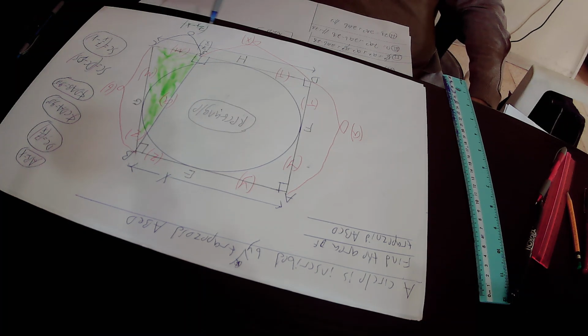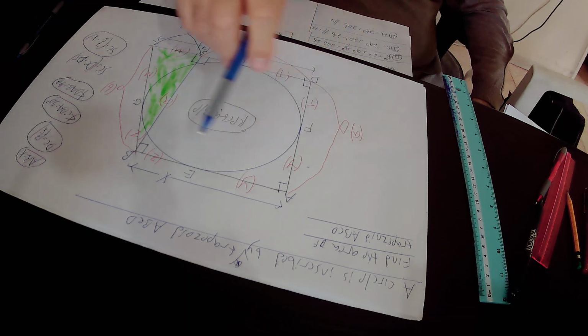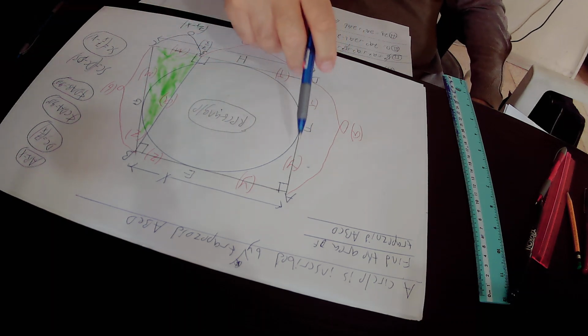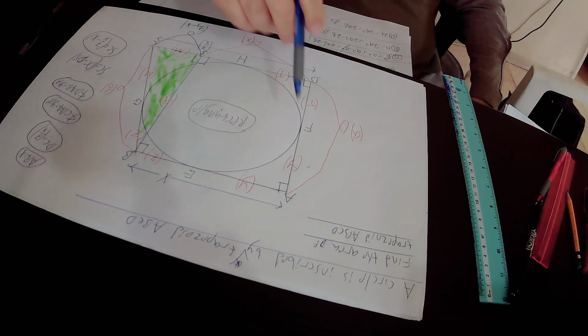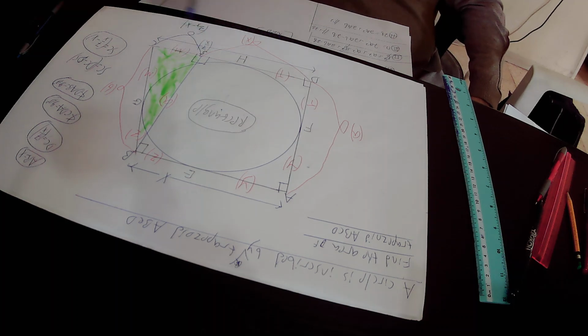You can see in the drawing that in this trapezoid ABCD, side AD is definitely not parallel to side BC. So now we will prove that side AB is parallel to side DC. Why is side AB parallel to side DC?